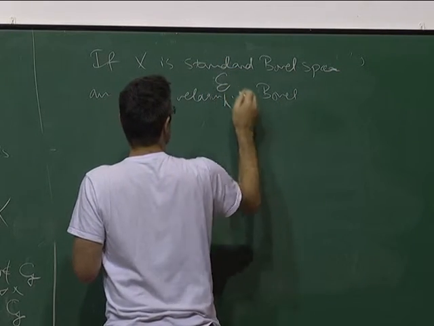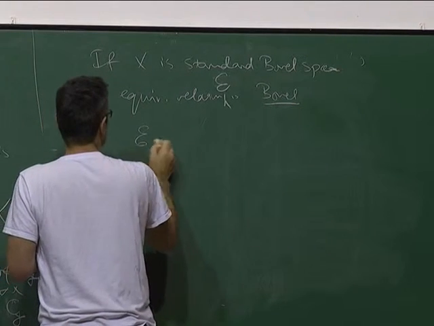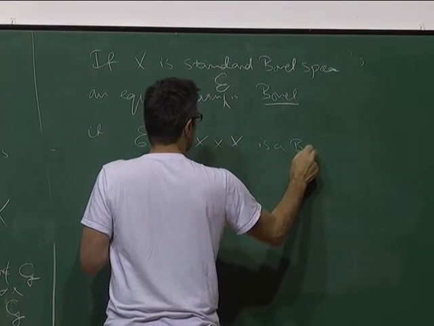I'll call it curly E, maybe, is a Borel equivalence relation if E contained in X cross X is a Borel set.